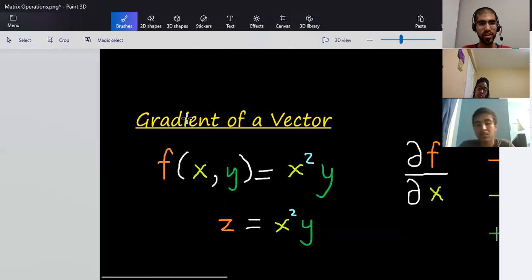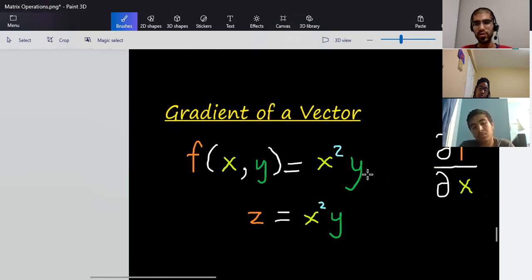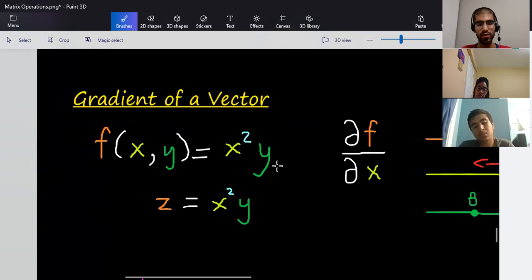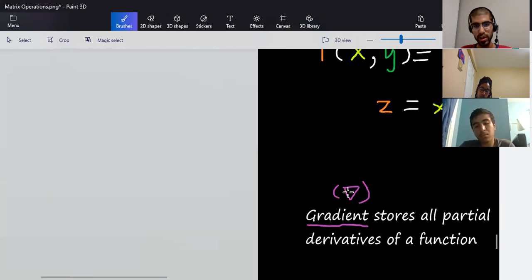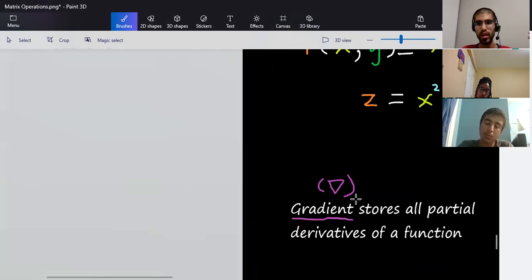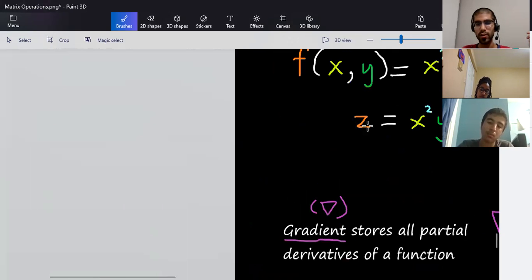So the gradient of a vector is basically a storage container for all of these partial derivatives. The gradient is represented by this upside down triangle, nabla or del. Those are the two names, nabla or del. And it stores all the partial derivatives of the function.